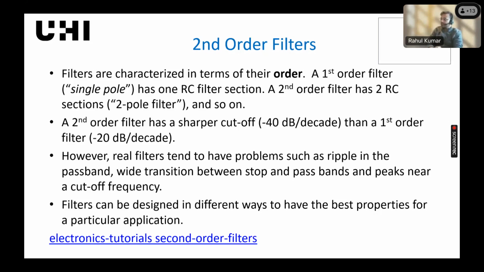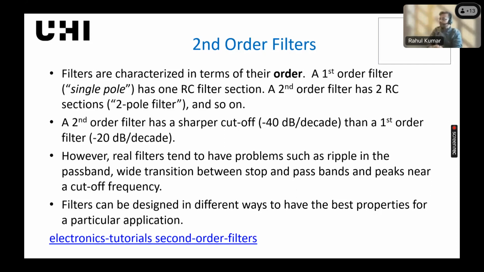That is, it should have a steep slope after the cutoff frequency. Ideally, it should be vertical, right? But for first order system, we are getting a slope of minus 20 dB per decade or minus 6 dB per octave.